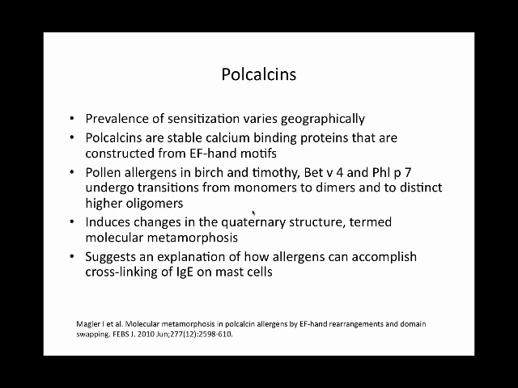So if you have an epitope on a polcalcin, this can increase the likelihood that the mast cell will trigger because your protein is forming a dimer. And this is perhaps something that Brock mentioned, that many of the allergens will form chains.